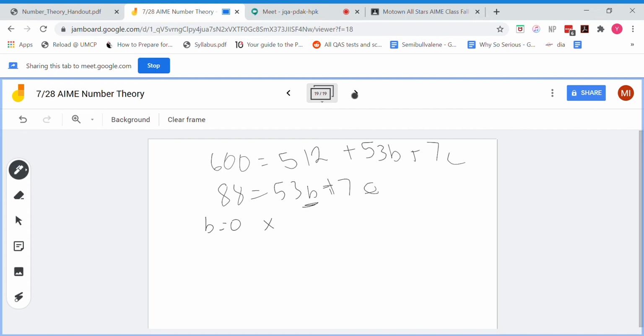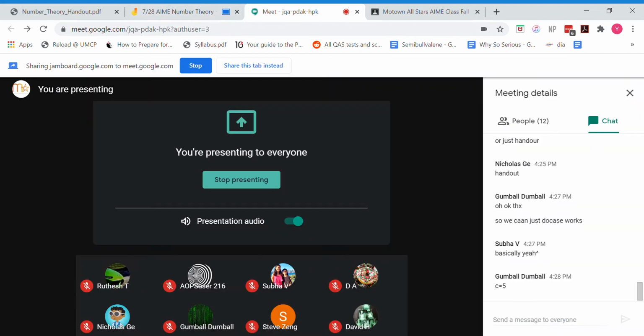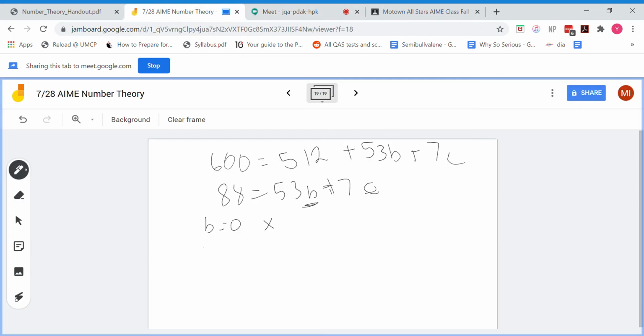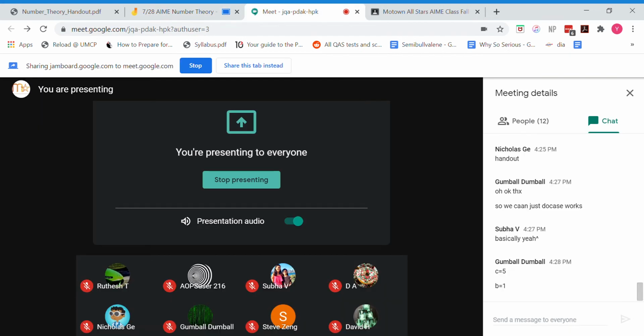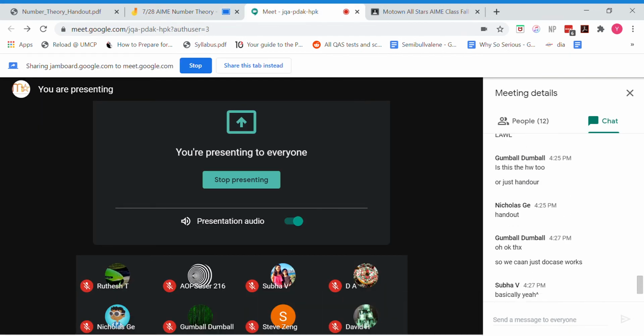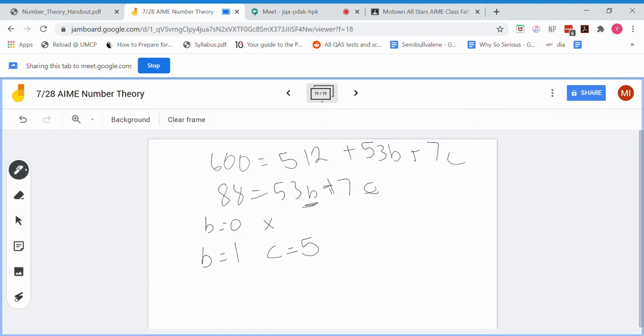That gives C is not even an integer. And if we try B equals 1, then this gives C equals 5. Right, and so this works. And since we started by minimizing, this must be the smallest possible value. So the smallest possible value is A equals 5, B equals 1, and C equals 5.